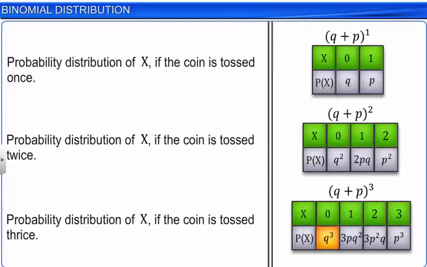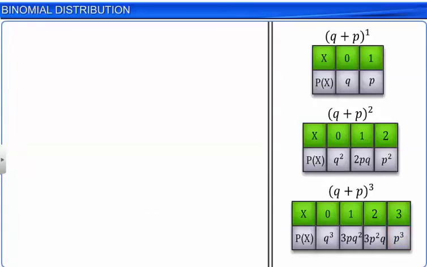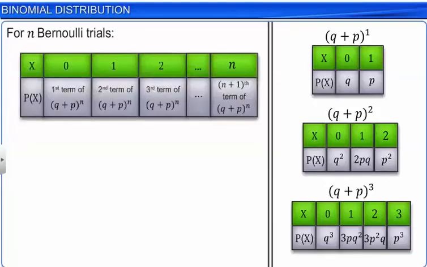This result can be extended to n Bernoulli trials. In an experiment of n Bernoulli trials, the probabilities of 0, 1, 2, and so on till n successes are the first, second, third, and so on till (n plus 1)th terms of the expansion (Q plus P) whole raised to the power n.